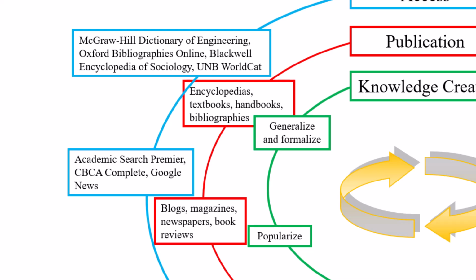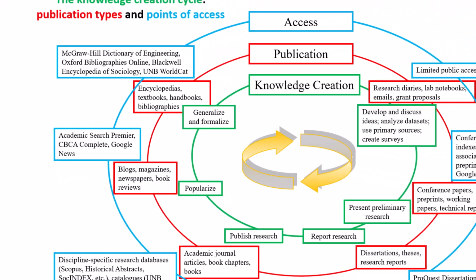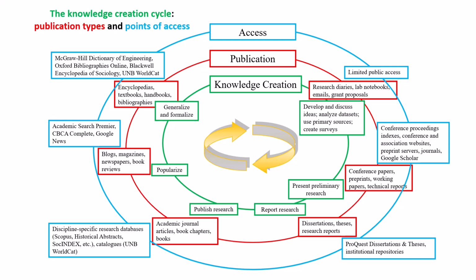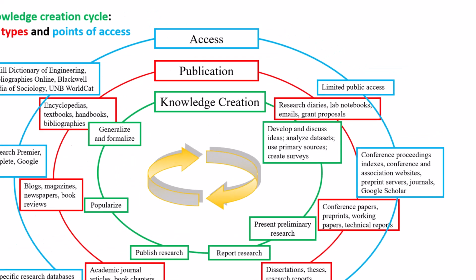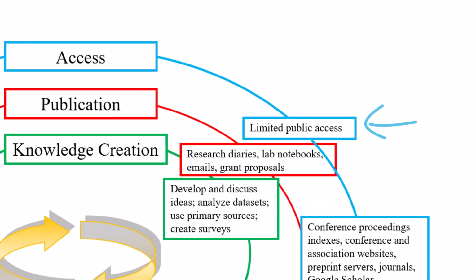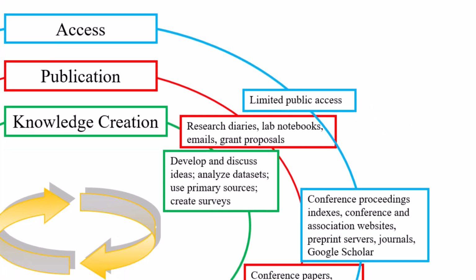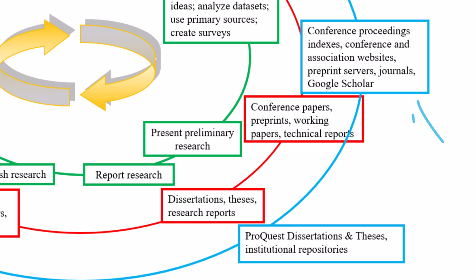Now that we've worked through how scholars create knowledge and disseminate it, let's review where academic publications become available. During the early stages of research, access to documents is limited. However, as scholars begin to share their findings, you can locate preprints and early research on preprint servers and institutional repositories. Conference papers appear in conference proceedings databases, association websites, and Google Scholar.